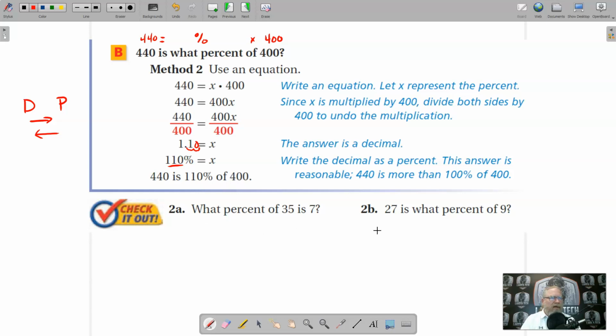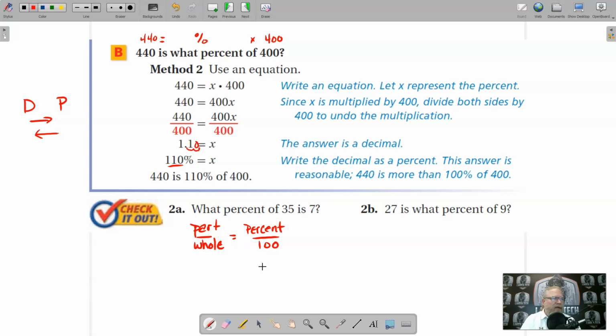So let's try this on these problems down here. What percent of 35 is 7? Let's go ahead and do the proportion method on this. So the part is to the whole as the percent is to 100. Let's fill those in.